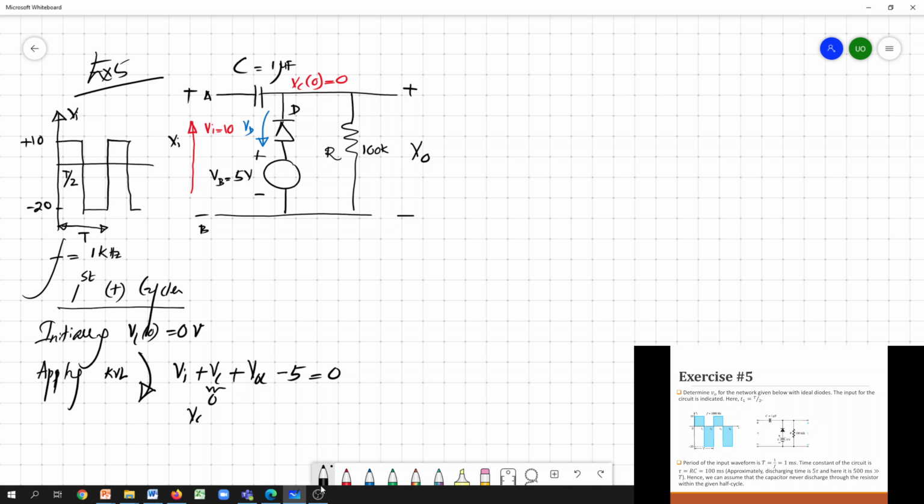So the open circuit voltage is minus VI plus 5. VI is 10, and ultimately we end up with minus 5 volt. So the actual voltage across the diode is minus 5 volt, which is less than 0. With this analysis, we can claim that during this first positive cycle, the diode is reverse biased.